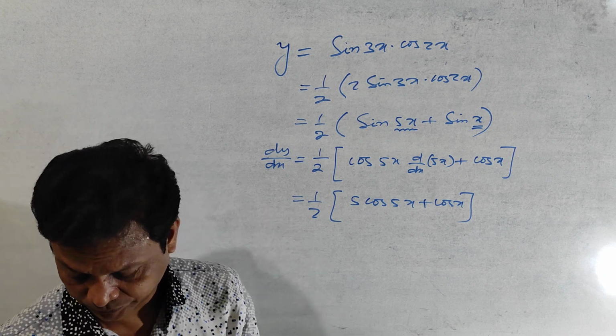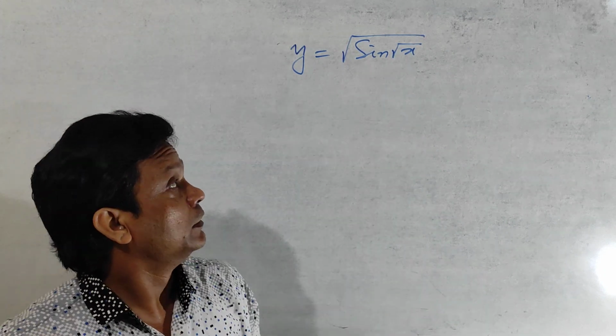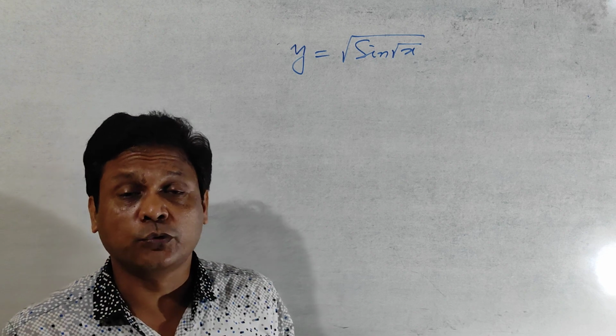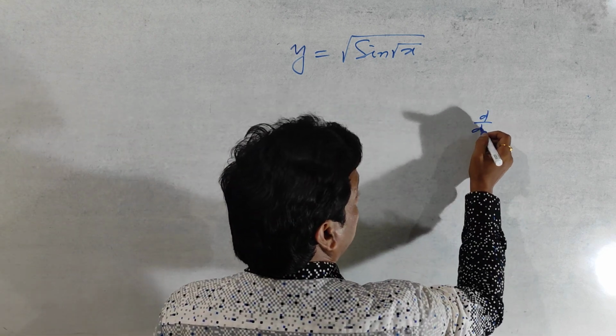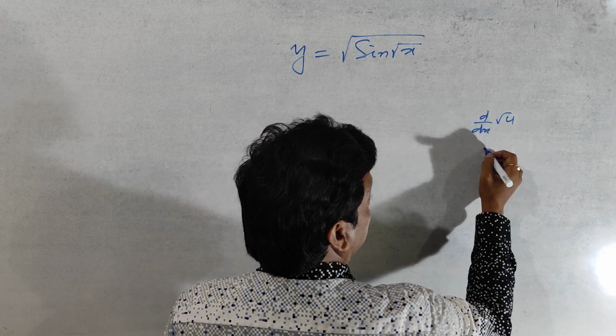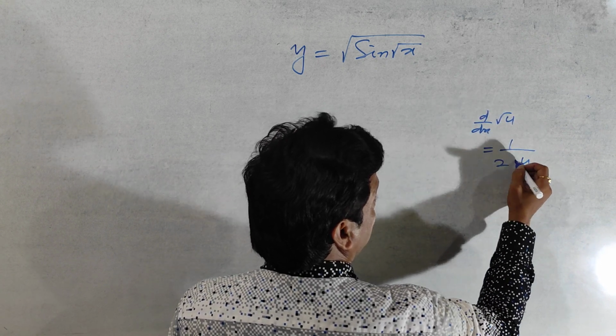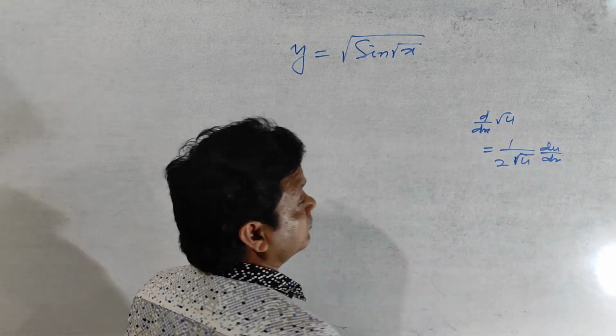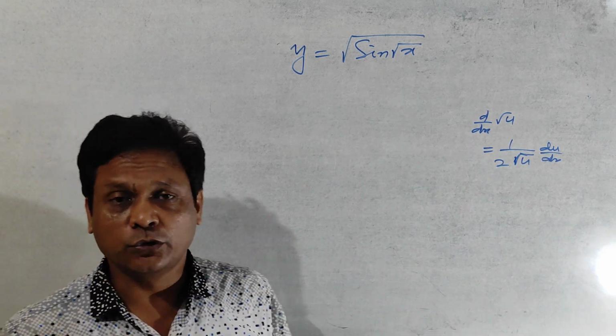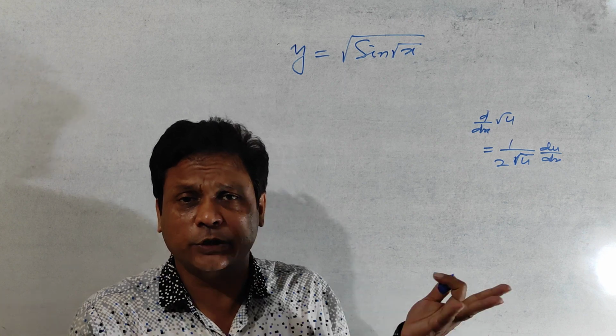Here, see here. This is in the form of root over u. And I have told you the derivative of root u is 1 by 2 root u into du by dx.